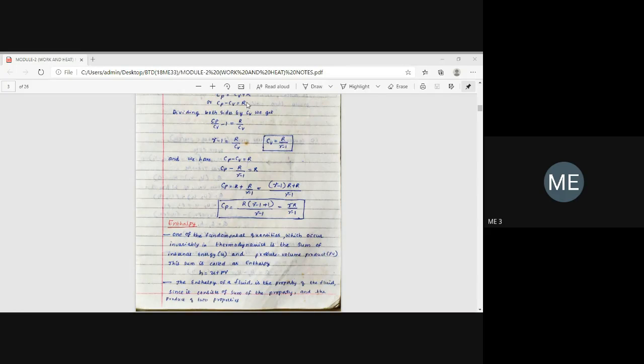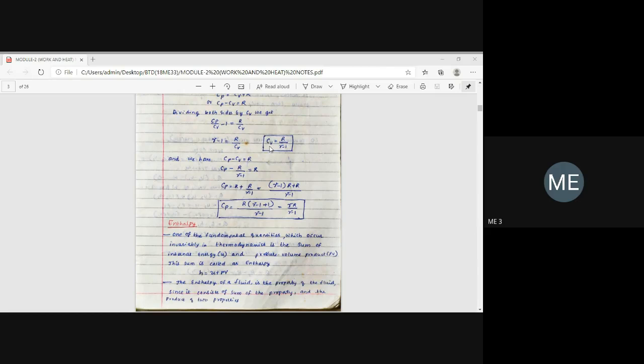We know that gamma minus 1 equals R divided by Cv. So from this equation, find the expression for Cv: R divided by gamma minus 1.